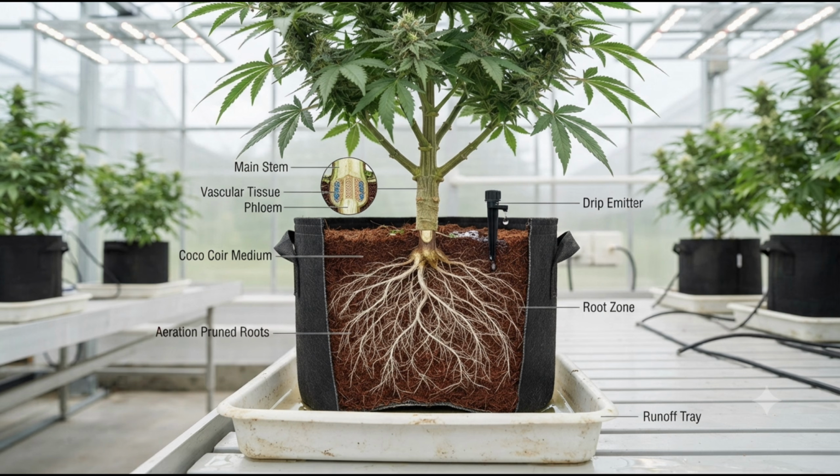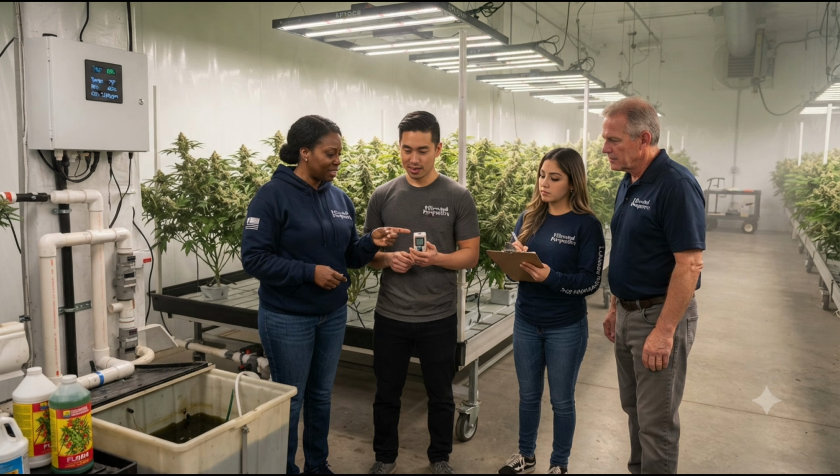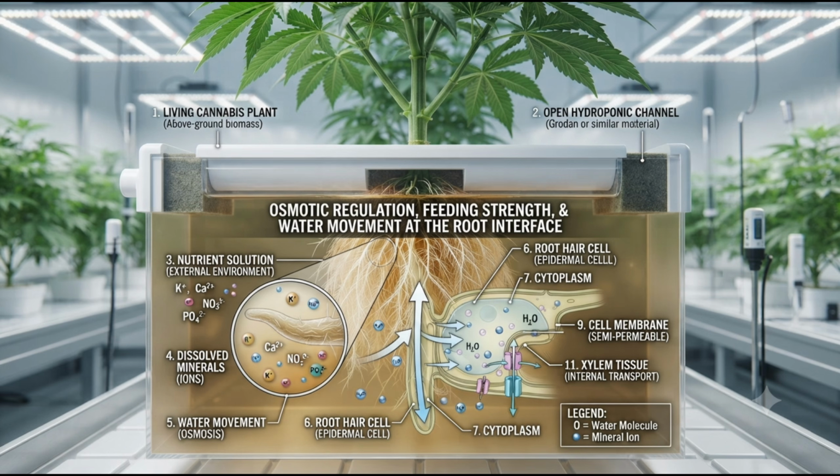Every system converges at a single interface where plant roots interact with dissolved ions in water. At that interface, cultivation stops being about inputs and becomes entirely about electrochemical behavior, transport regulation, and internal biological demand.